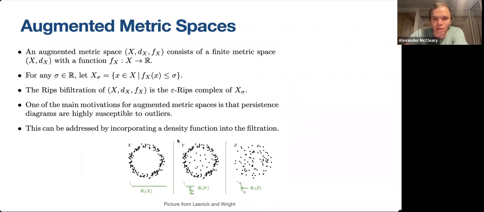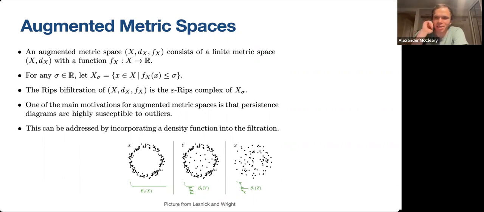Okay, now if we move to Y, Y is this data set in the middle. In fact, it's pretty much exactly the same as X, except with some outliers now in the middle. And just looking at this, we can tell it looks like it was sampled from a circle with some noise, but with some outliers in the middle as well.